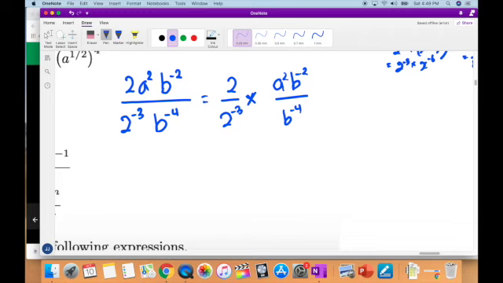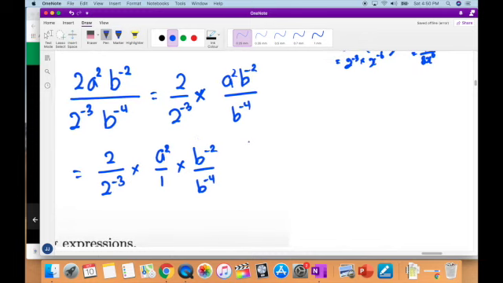Yeah. And I could pull that a squared out as well. So I could say 2 all over 2 to the negative 3 multiplied by a squared over 1 multiplied by b to the negative 2 all over b to the negative 4. Would you say that this is true? Yeah.